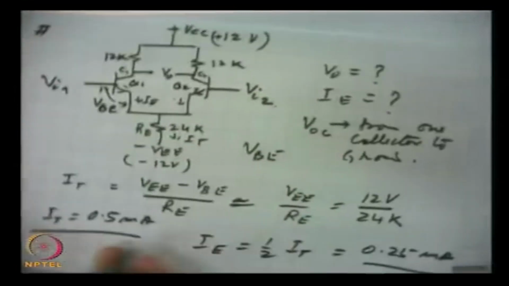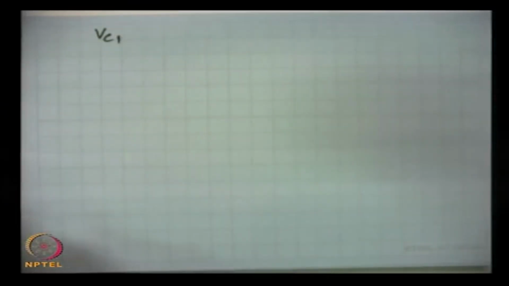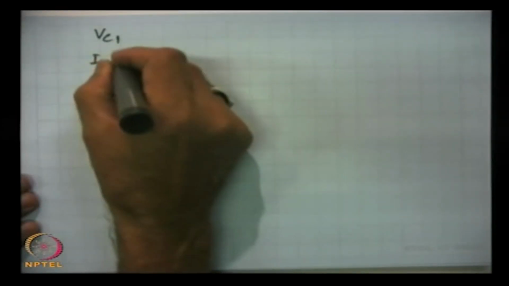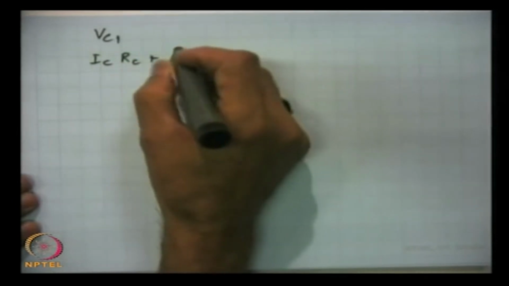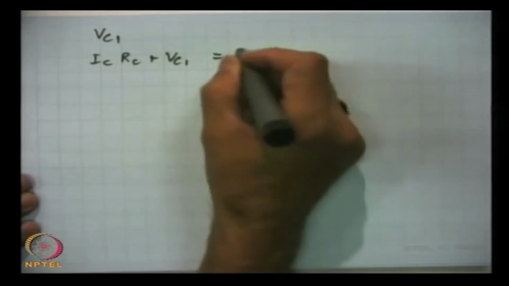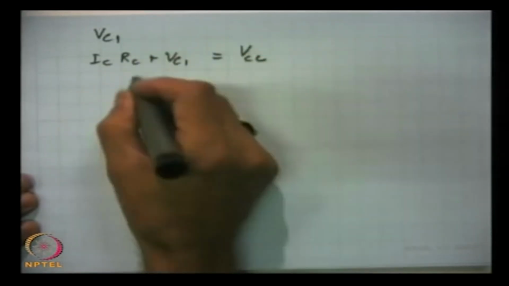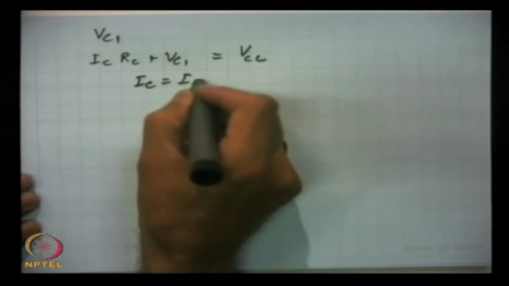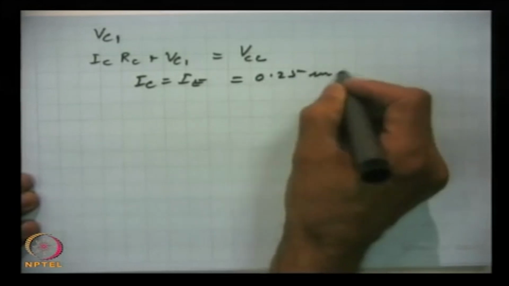Now, to find the potential difference between the two collectors, we find Vc1, that is, at what voltage the collector of the first one is. We apply the summation of voltages for this circuit, and that gives IC RC plus Vc1 equal to Vcc. In all BJTs, IC is equal to IE, which is equal to 0.25 milliampere.